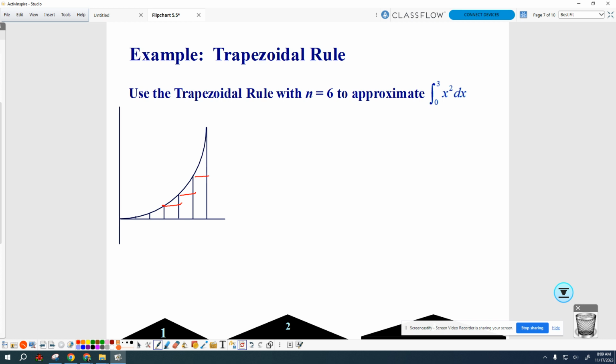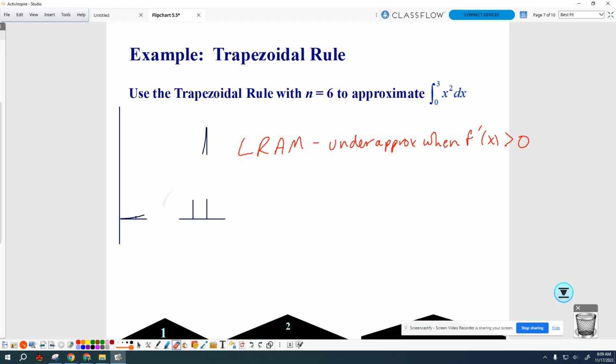Okay, so LRAM would make an under approximation when f prime is increasing. RRAM would be an over approximation because it's saying take that side.